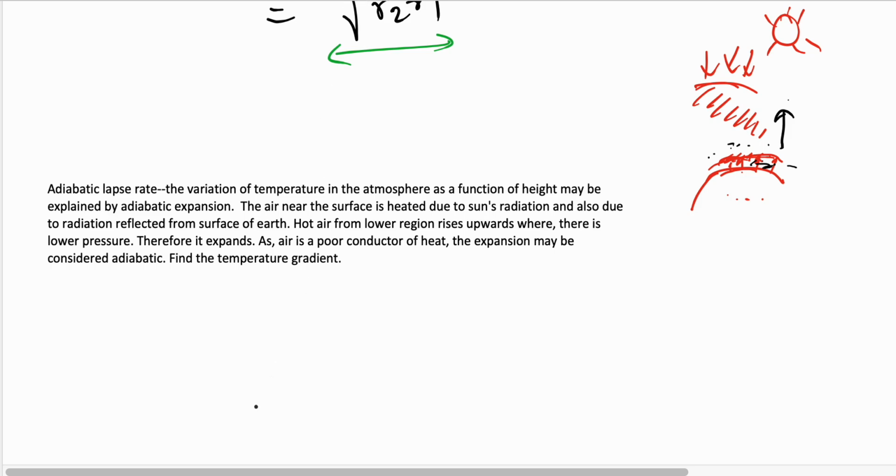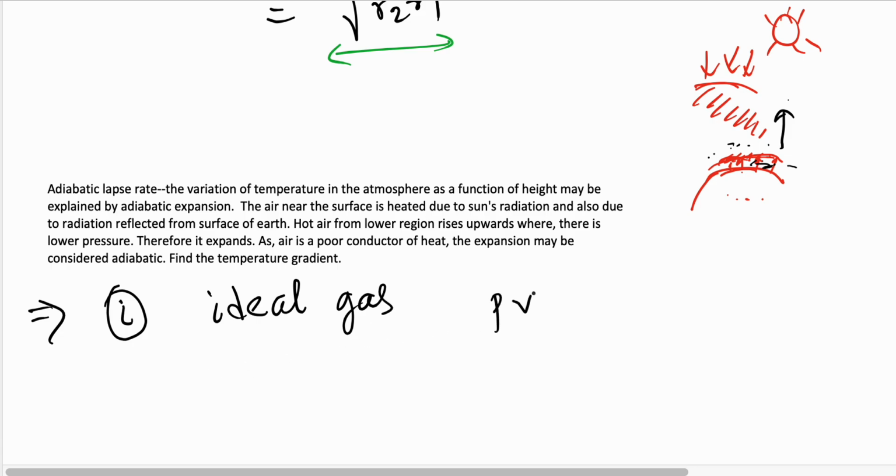Now what we will do, we will assume something. Our first assumption will be that this air is an ideal gas, that means it follows the ideal gas equation, PV equal to RT, or maybe I can write it PV equal to NkT.